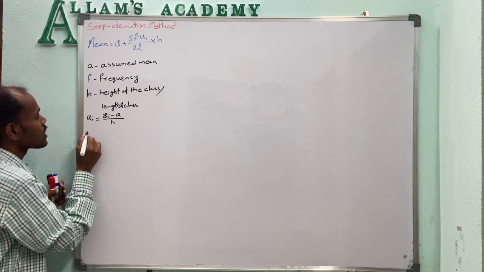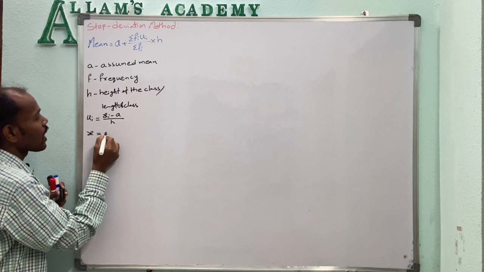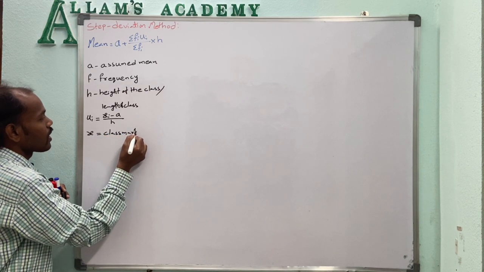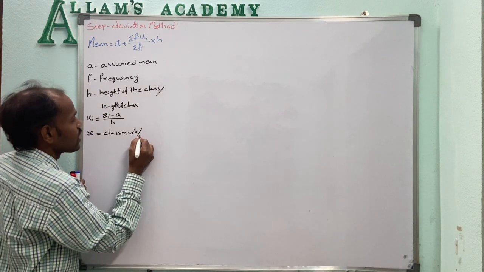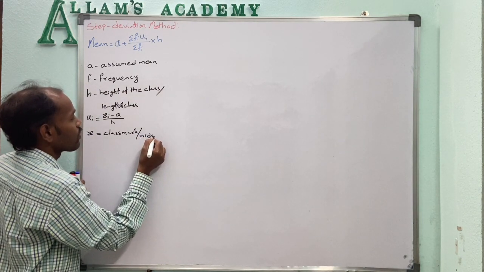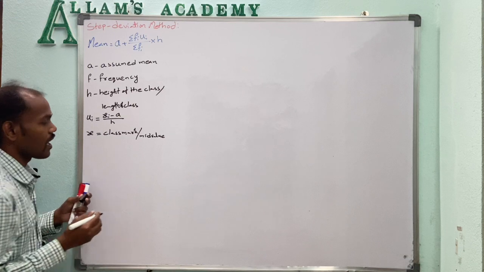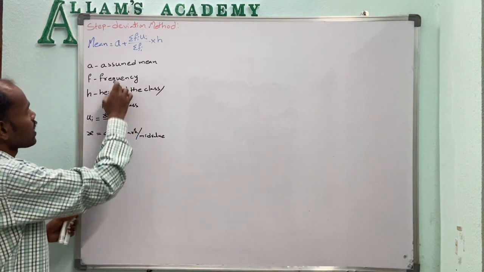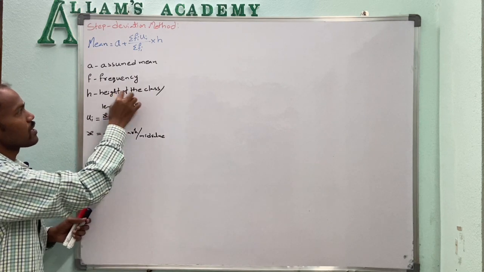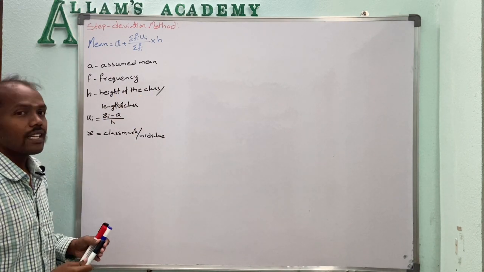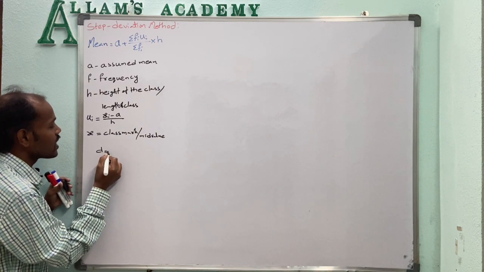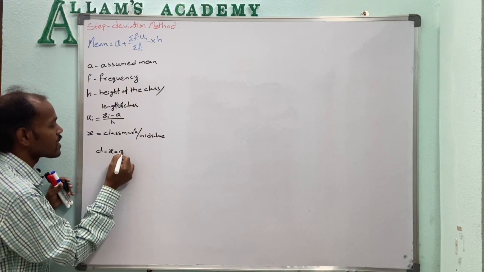Here x means class mark. Class mark, as we already said, is the mid value of the given class interval. A means assumed mean, h means height of the class. That means in the deviation method we took d equal to x minus a.